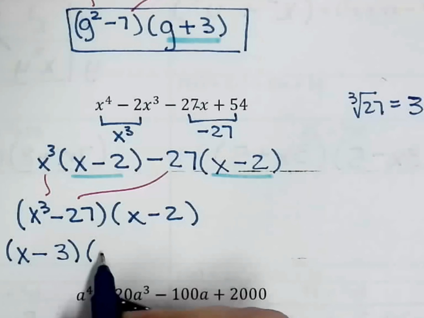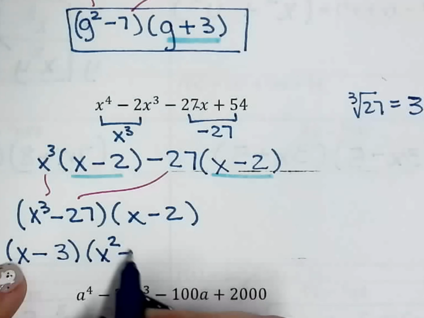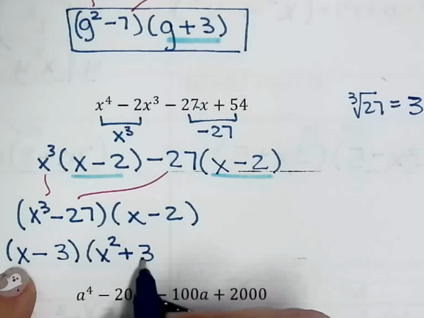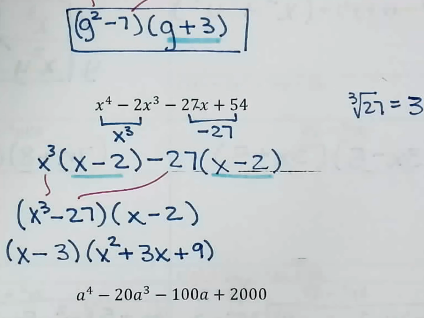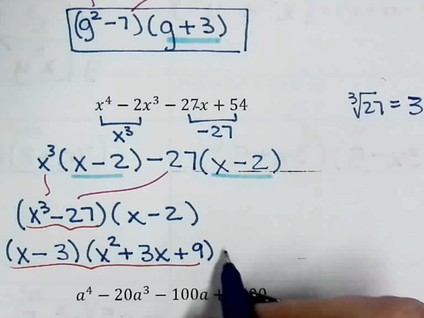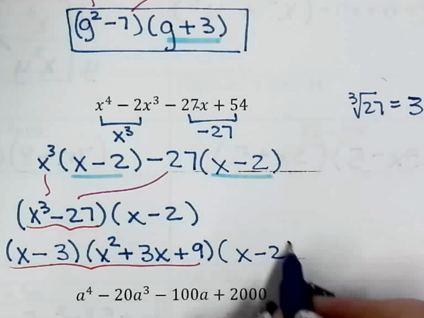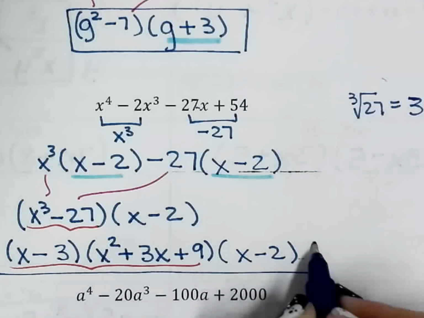So you're going to square the first one, so x squared. You're going to multiply them together, you get 3x, and then you're going to square the 3. So all of this came from here, and that came from page 4. There's nothing else I can do about x minus 2. So now this is fully factored.